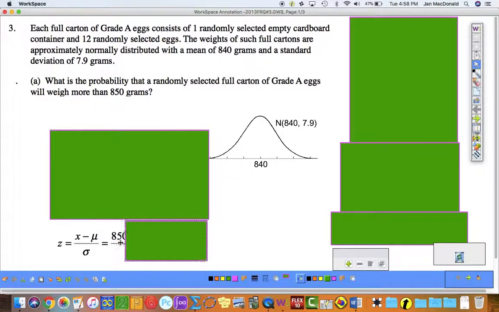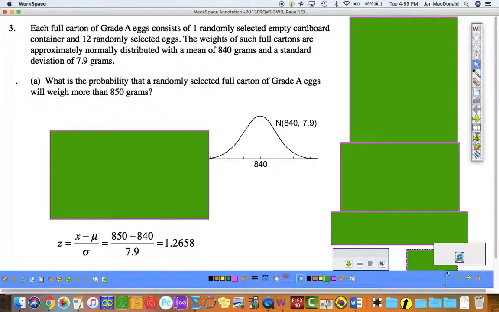So for this data set, our data value is 850, subtract the mean of 840, divided by the standard deviation, which is 7.9. So if you could take a second and please put this in your calculator. And we realize that 850 is 1.2658 z-scores away from 840.